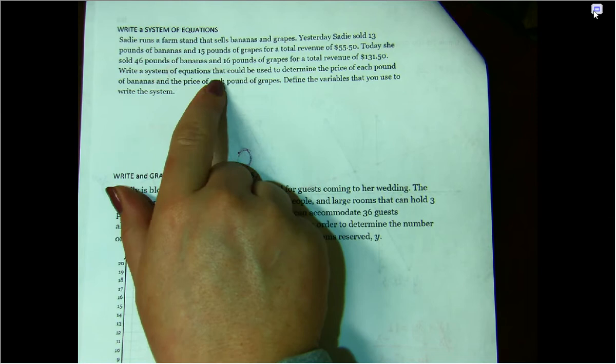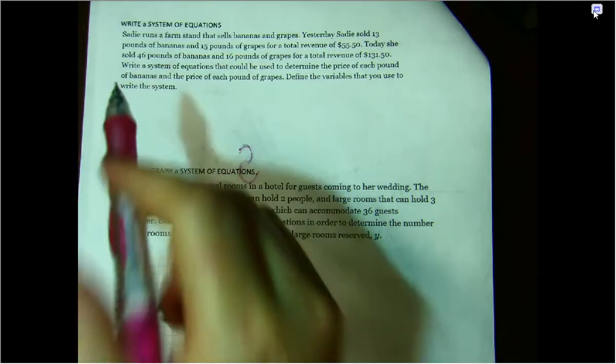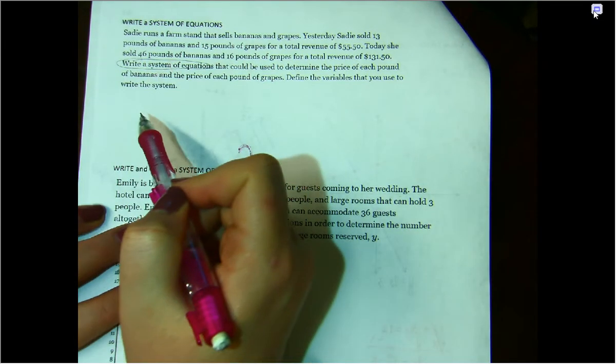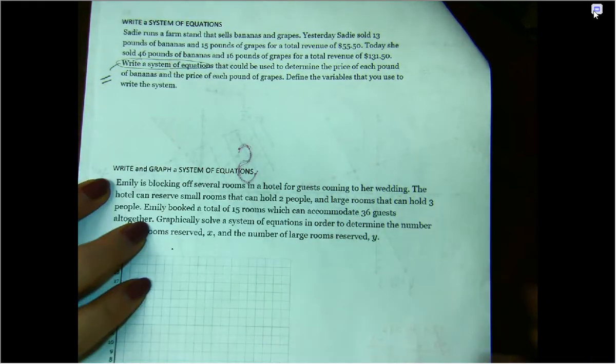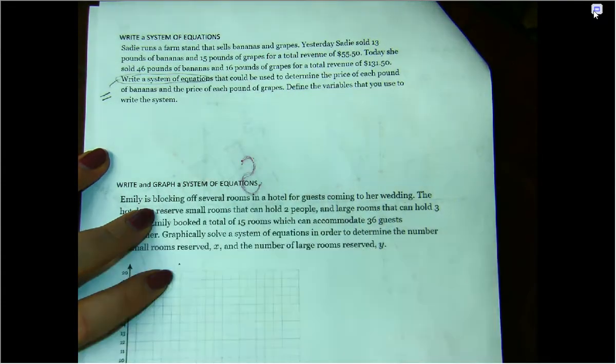Write a system of equations that could be used to determine the price of each pound of bananas. Okay, so this is simply asking us to write a system of equations. So anytime you're writing a system of equations, that means you're going to have equal signs for your expressions, okay? So we just have to stay consistent. We're going to talk about yesterday, and then we're going to talk about today.